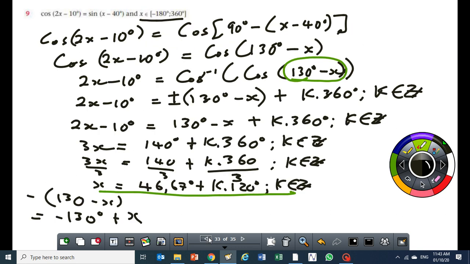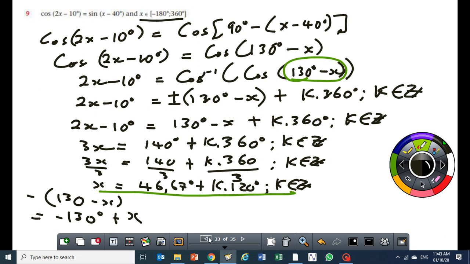Then I need to substitute k equal to minus 2. If I put k equal to minus 2, I'll get minus 2 times 120. That will give me minus 240. Minus 240 plus 46.67. What is minus 240 plus 46.67? Minus 193.